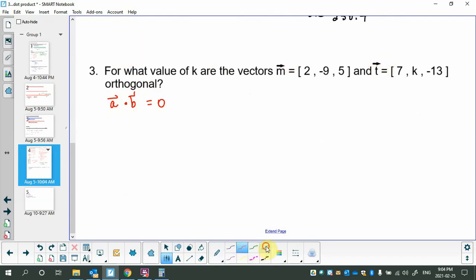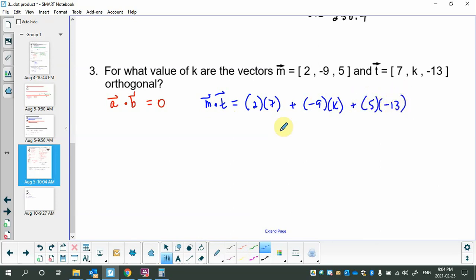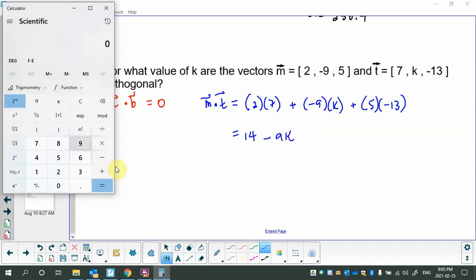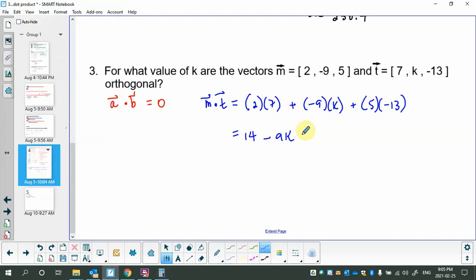So I'm going to do my calculation. The dot product of m and t is equal to 2 times 7 plus -9 times k plus 5 times -13. So that is 14 minus 9k minus 65.